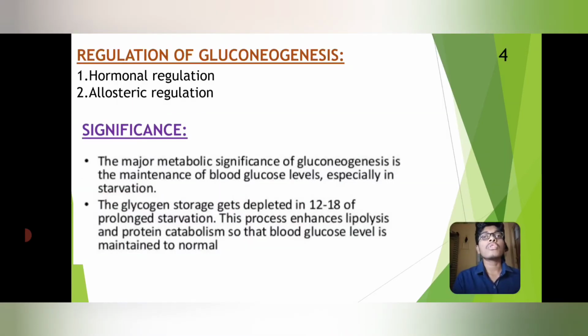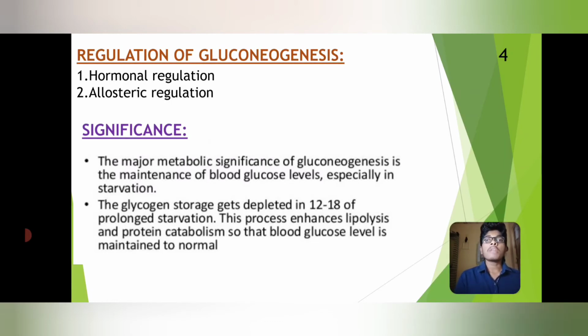Regulation of gluconeogenesis. The enzymes of gluconeogenesis are subject to allosteric regulation and hormonal regulation. Pyruvate carboxylase and fructose 1,6-bisphosphatase regulate gluconeogenesis allosterically, whereas all the key enzymes of gluconeogenesis are under hormonal control.